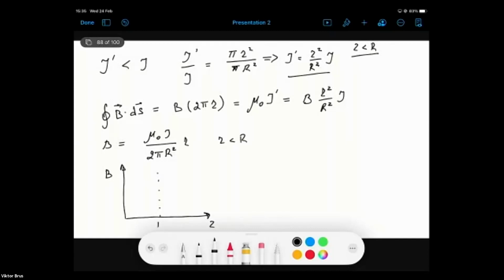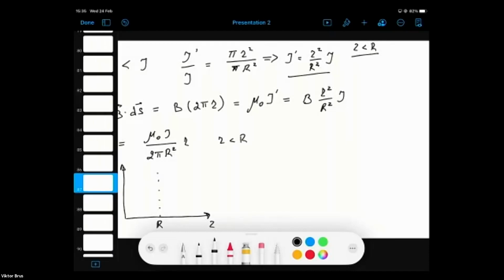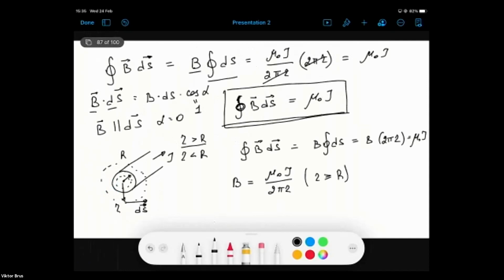Here is the radius of the cross section of the wire, and as we showed on the previous slide, for distance larger than the radius of the cross section, the magnetic field is proportional to 1 over distance.